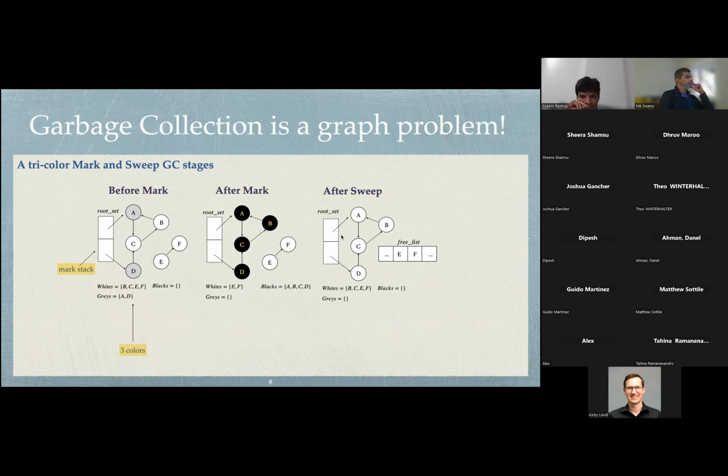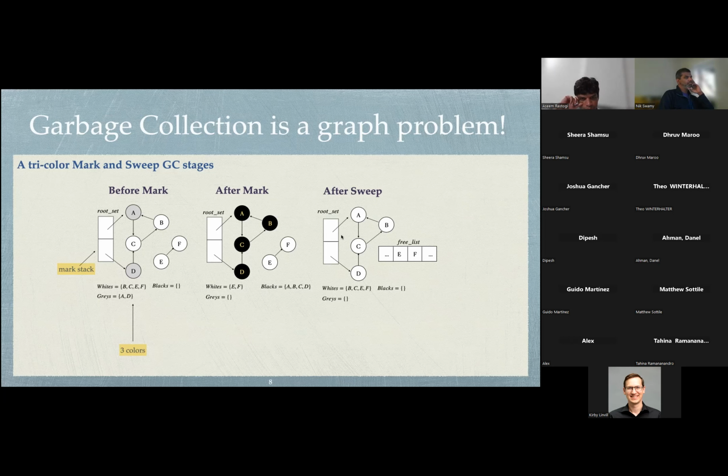What mark basically does is it uses a mark stack, and mark runs until the mark stack is empty. During each invocation of mark in that loop body, it pops the top of the stack, colors it black, and pushes the unvisited successors of that object onto the stack.